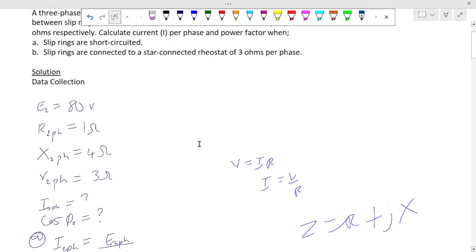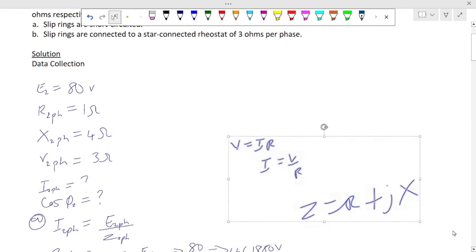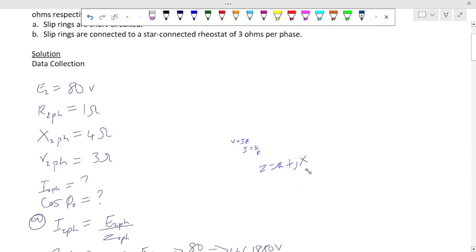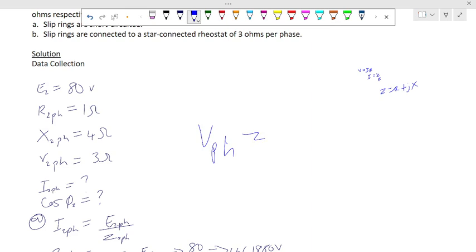For star connected, the voltage per phase is the voltage for the 3 lines, that is the 3-phase voltage, divided by √3.